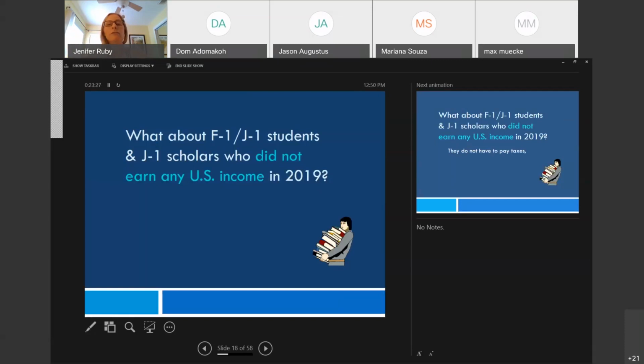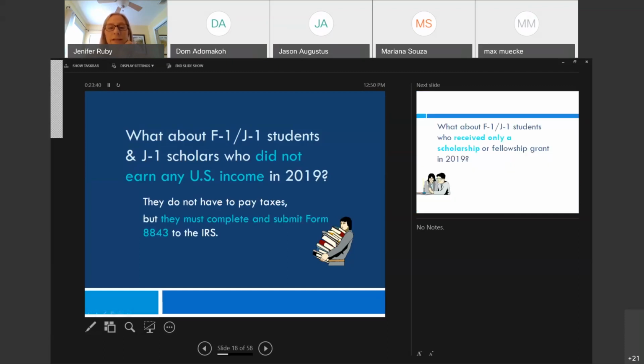All right, so if you did not earn any U.S. income, what form will you complete? And do you need to pay taxes? No, so you wouldn't have needed to pay taxes. However, just to remind you, everybody fills out the 8843, okay?